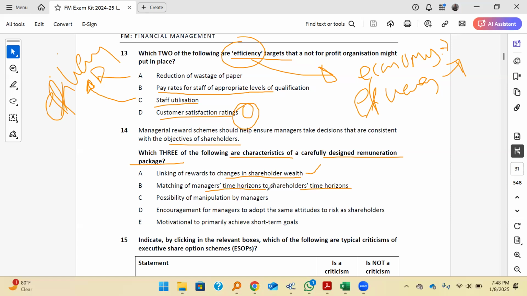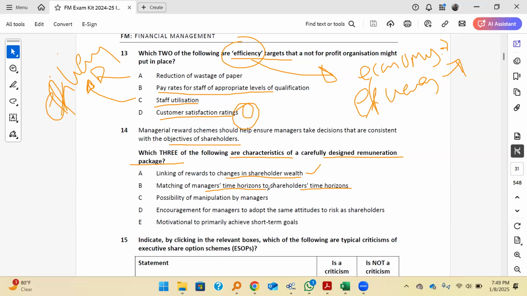Let's say shareholders are expecting to have growth of 10% in 1 year. So that's what they want. But then managers are expecting to get 10%, but in 6 months. So you see that is not fair to the managers. You can't be giving managers an uphill battle for achieving a goal in a short period where shareholders expect it to be in a year.